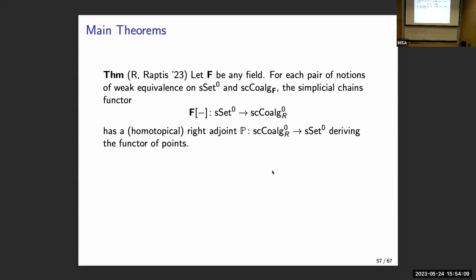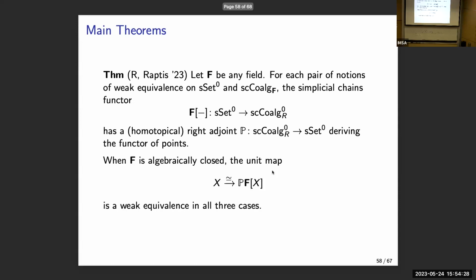Or maybe before saying that, I should have said that with those three different homotopy theories, the adjunction between chains and points becomes an equivalence adjunction. That's a statement. I'm just saying it in this way. And when F is an algebraically closed field, such as the algebraic closure of F_p, the derived unit of this adjunction is a weak equivalence in all three cases.